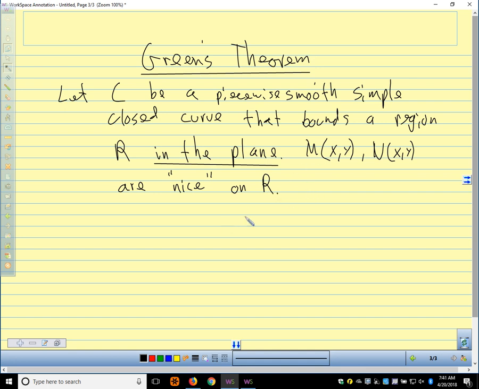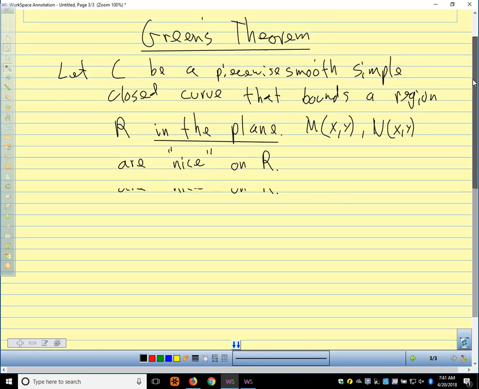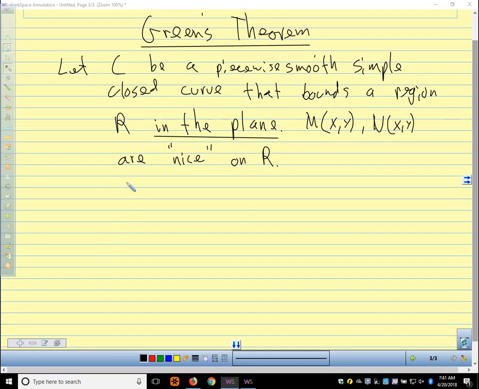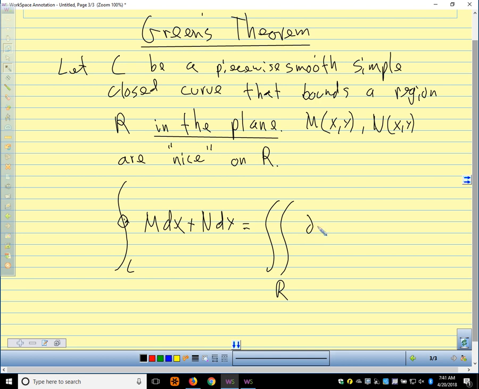In that case, the line integral around our simple closed curve of M dx plus N dy equals the double integral over our region of the partial of N with respect to x minus the partial of M with respect to y, dA.